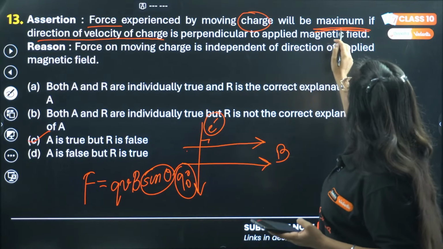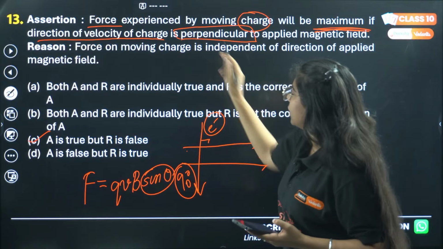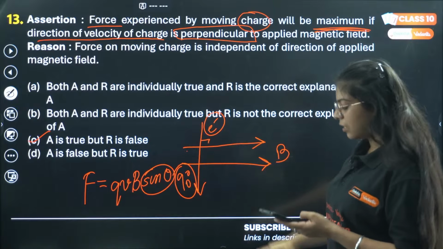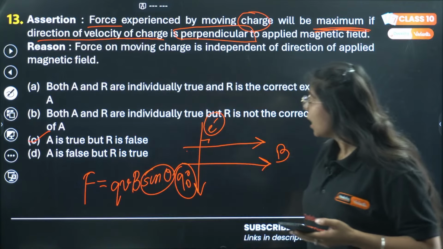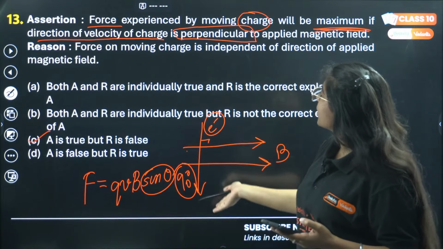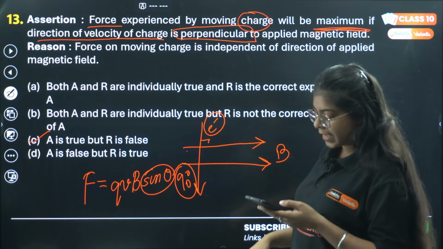So it will be maximum if the direction of velocity of charge is perpendicular, which means 90 degrees. So it's correct that when charge velocity and magnetic field are perpendicular, the force is maximum because of the Lorentz force. So the reason is not correct. Obviously, the motion of a charge is dependent on the direction of the magnetic field.